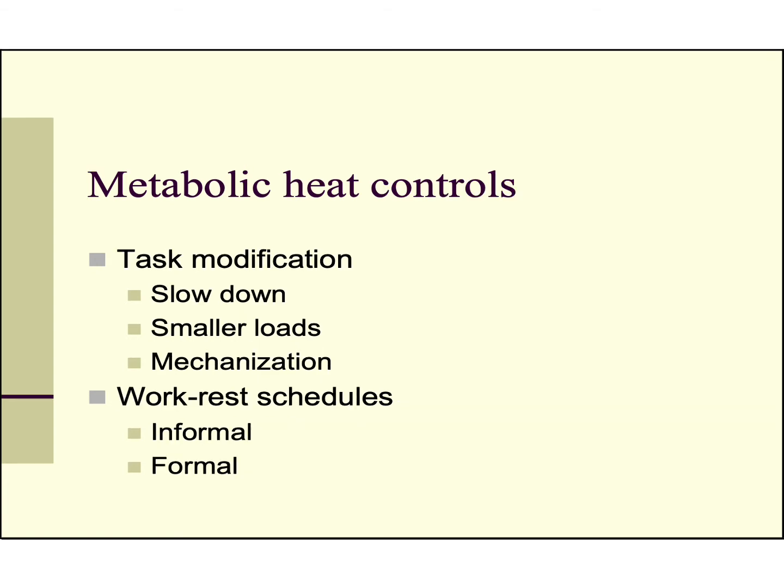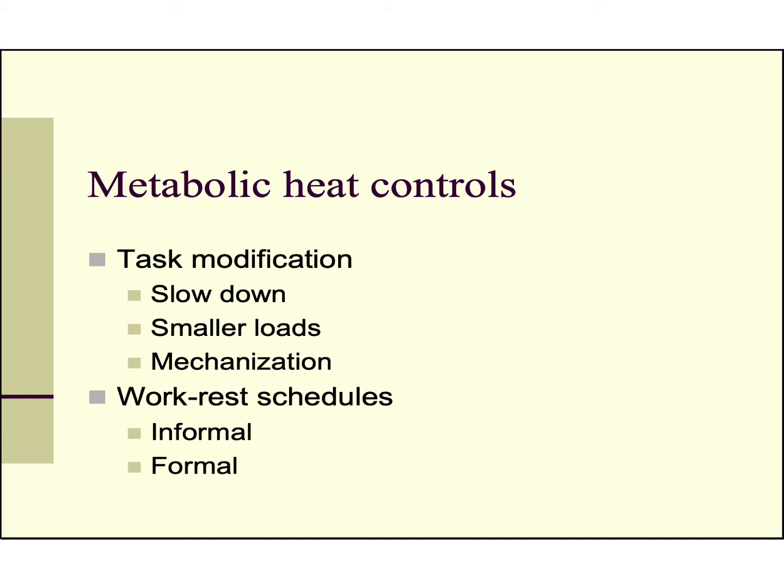When it comes to controlling metabolic heat output, there's nothing we can do about the biochemical processes in the body. We can just change the work. So obviously, various task modification ideas such as slowing down the pace, having smaller loads to lift or deal with, mechanized to some extent to let machines do the work instead of the human body. Those are all possibilities. I'm sure you can think of others.